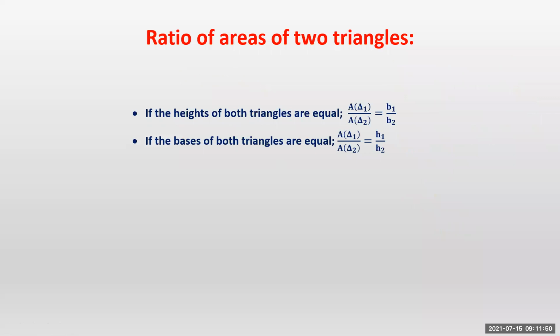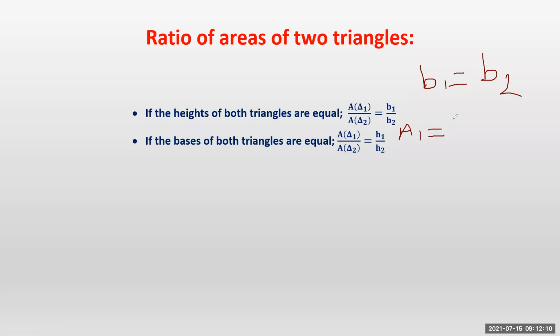The same thing when the bases of both the triangles are equal. Now if bases of both the triangles are equal, understand what you're going to get. B1 equals to B2.